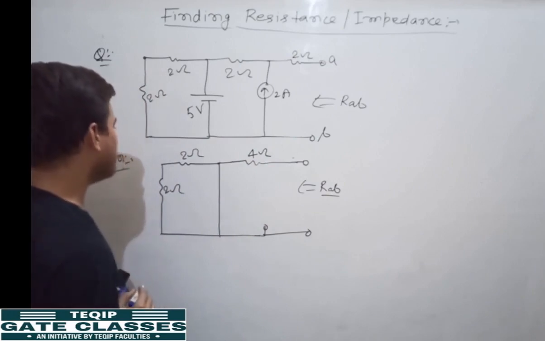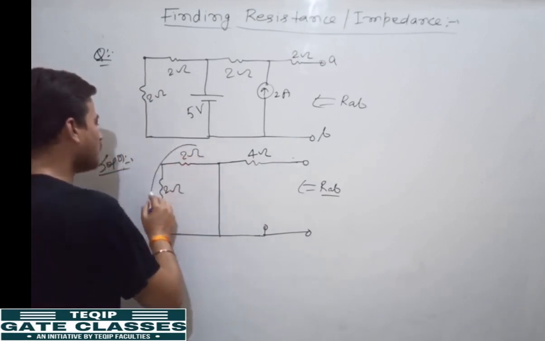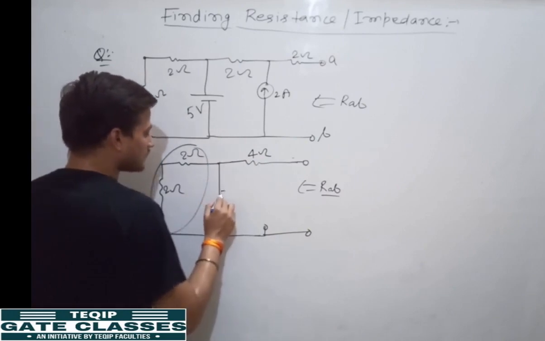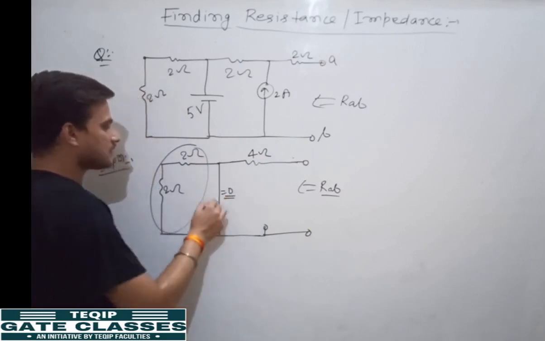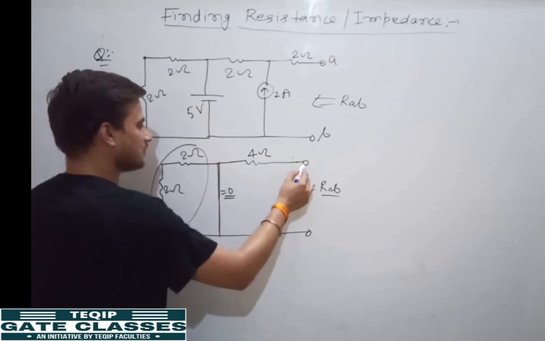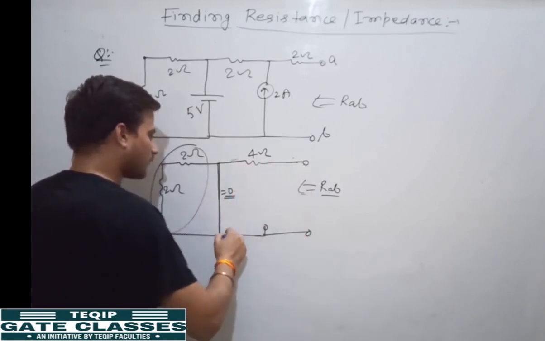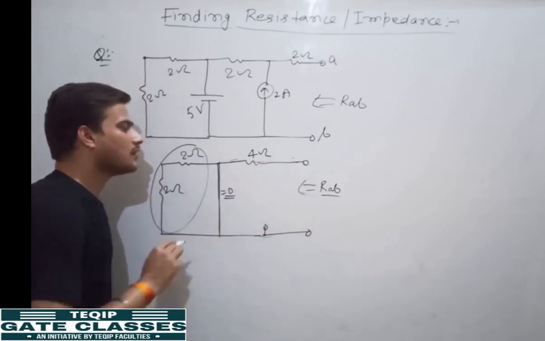Now what you see? This resistance will not come into the role, because this is a short circuit path, the resistance is 0. If you place any battery, the current flows through this short circuit path only.